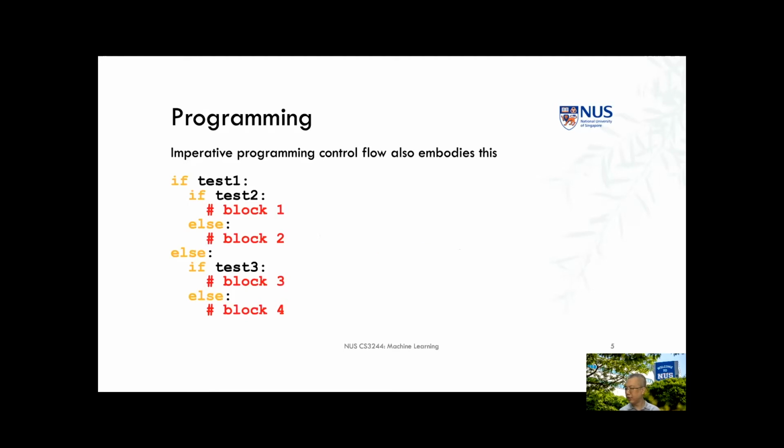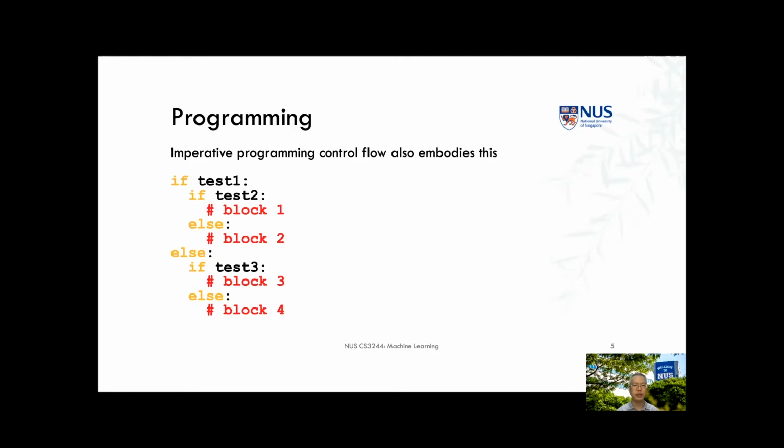When we program, we're doing a decision tree too, because we have a number of conditional statements and want to reach a block of code, conditioned on some features of the state of the algorithm.